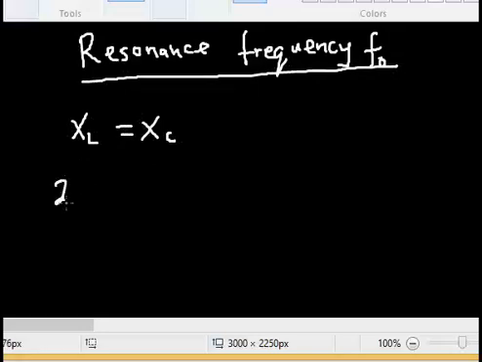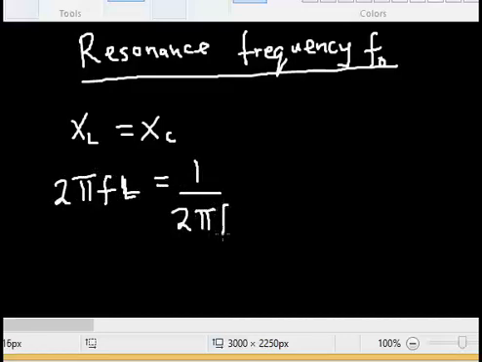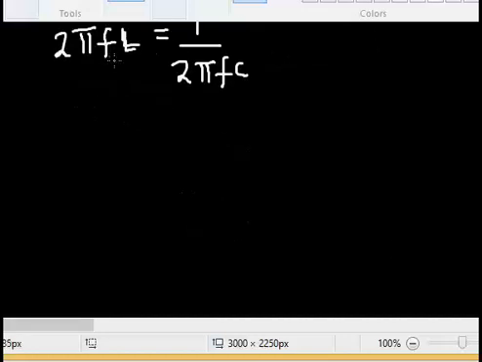Inductive reactance is 2 pi FL. Capacitive reactance is 1 all over 2 pi FC. At that point the frequency is the resonance frequency, F0.